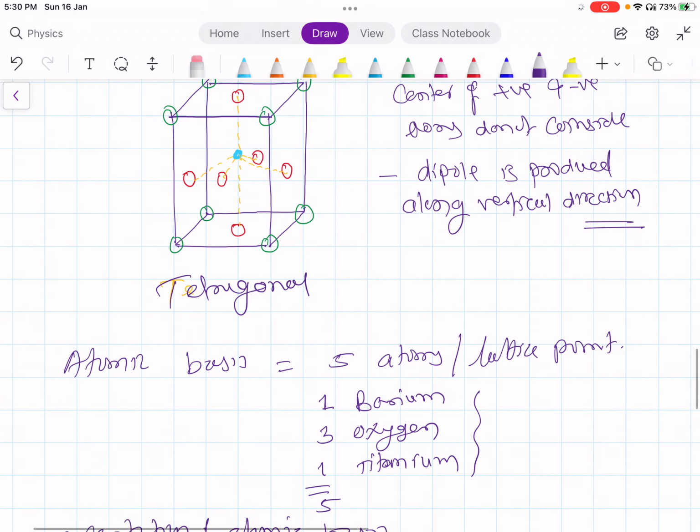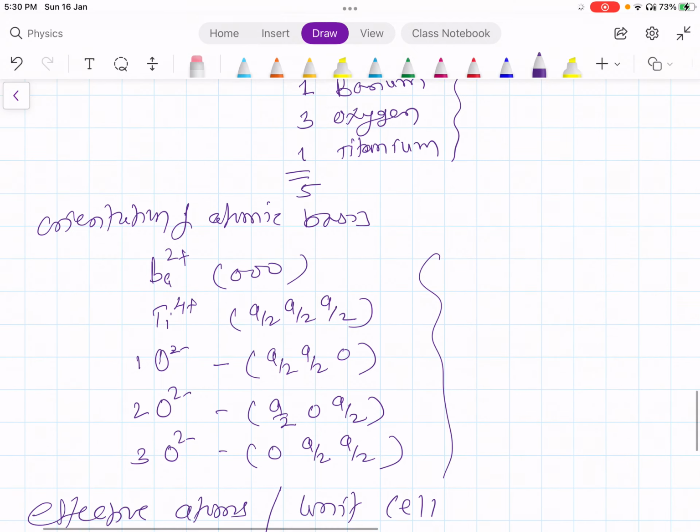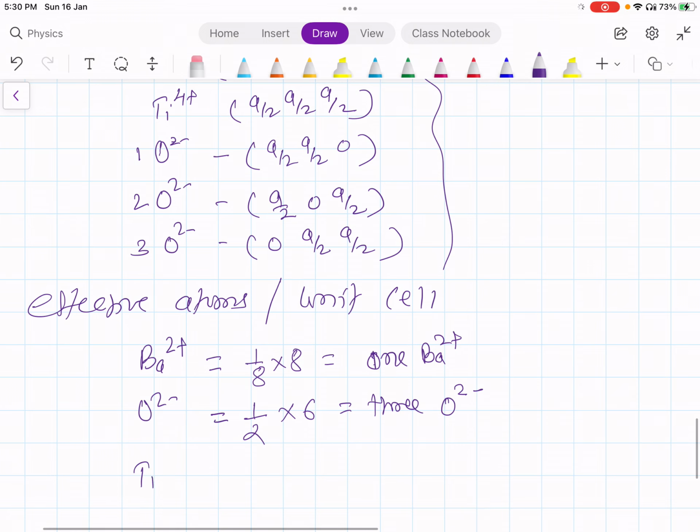The red ones here, they are at face center position only. And so contribution of each face center is half. Total there are six faces, so there are three oxygen. And then titanium. Titanium is at the body center.